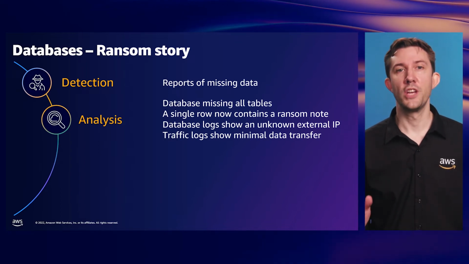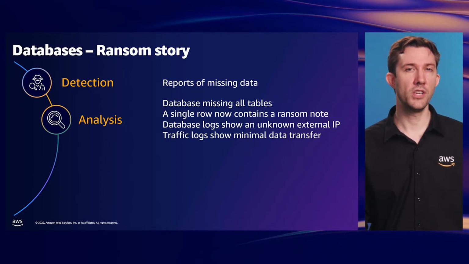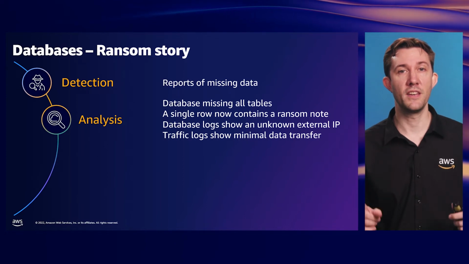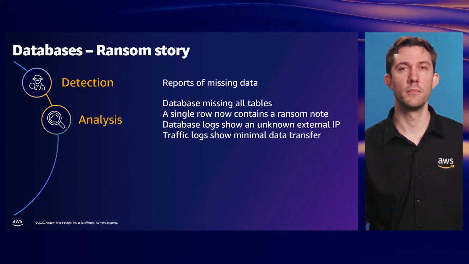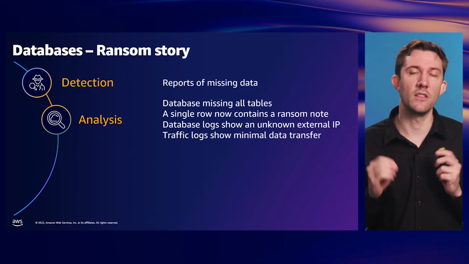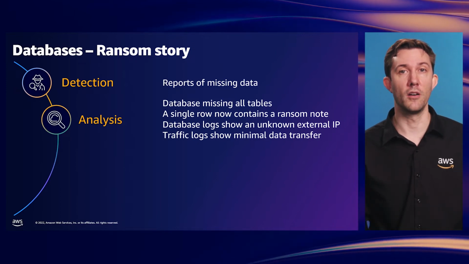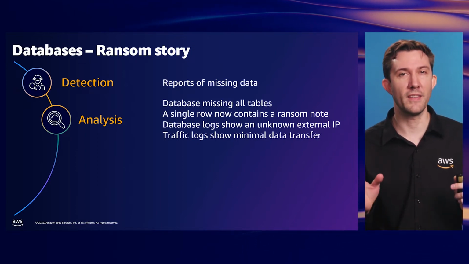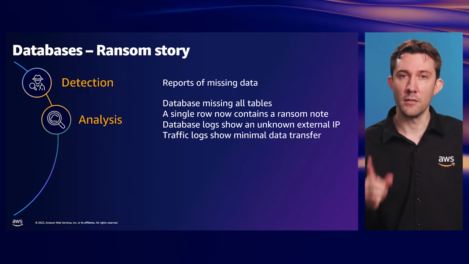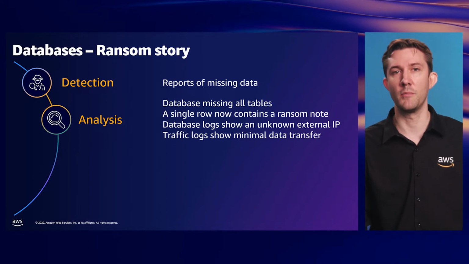Switching hats, Jane handed the ticket off to herself in the security operations team, where she discovers a previously unseen public IP address in the database and VPC flow logs. This IP address had accessed the database a matter of minutes before the problem started. She also finds in the CloudTrail logs that the database looks like it was accidentally made public 2 weeks earlier. Now, Jane knows her company has a strict policy not to pay any ransom demands.